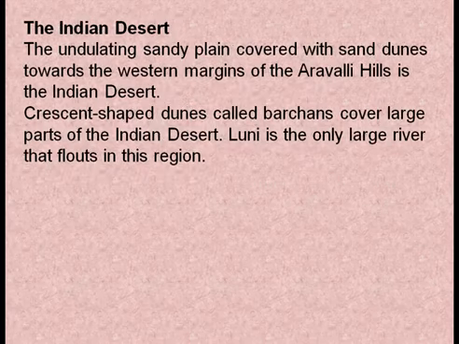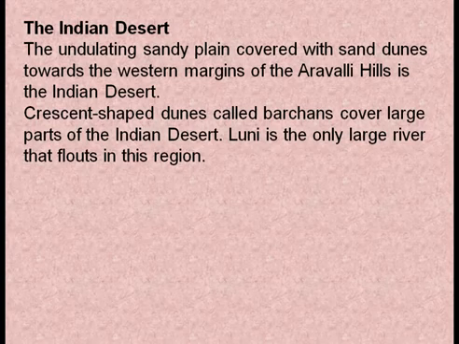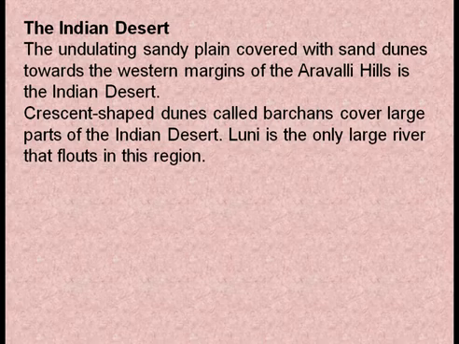Next, the Indian desert. Again, it can be asked, describe the physiographic features of the Indian desert or write the features of the Great Indian Desert. If the question appears for 3 marks, you have to mention 3 solid points. Otherwise, for 5 marks, you have to mention 5 points.